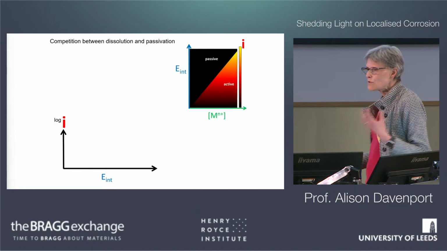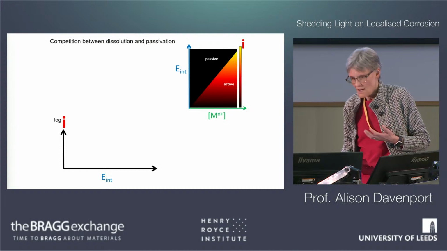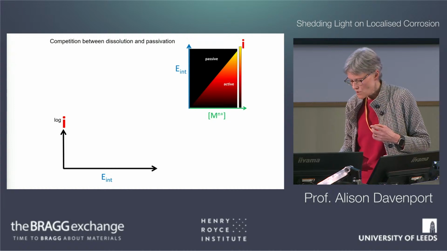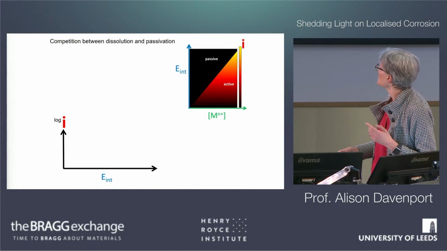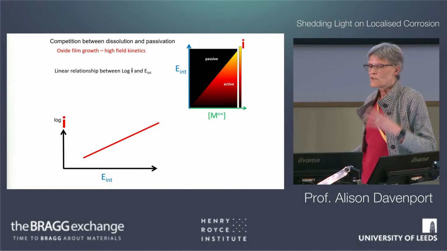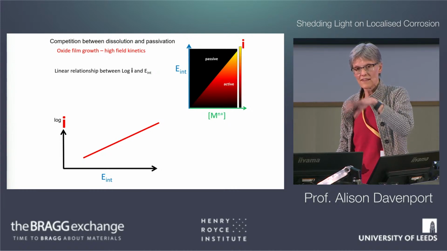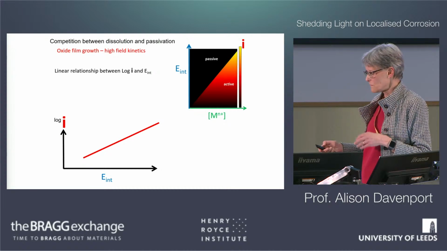So how might this arise? This is all very speculative, but I think it's an interesting way to think about what might give rise to these kinds of instabilities. Essentially, we've got competition between the dissolution process and the oxide film formation process.